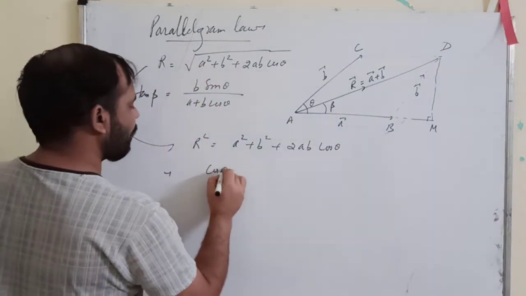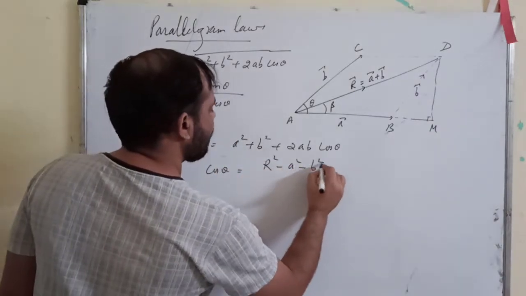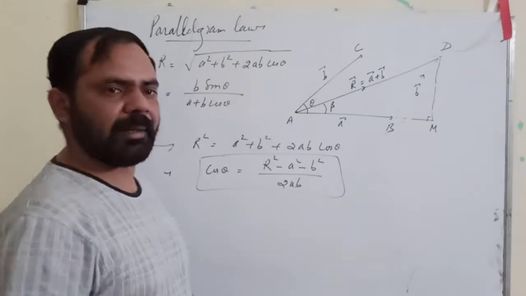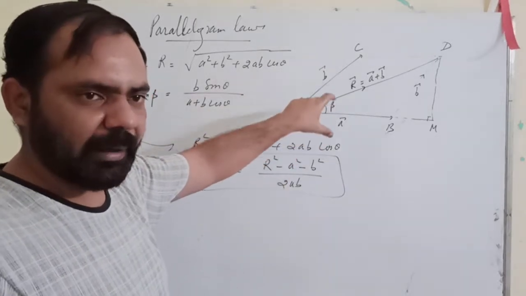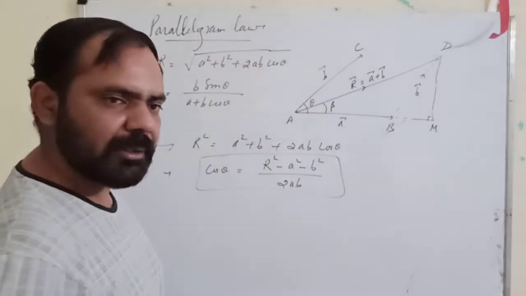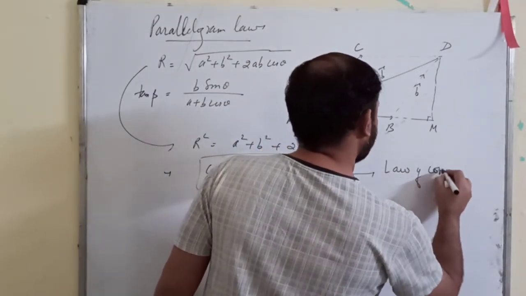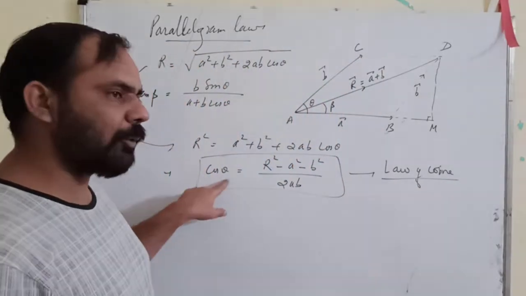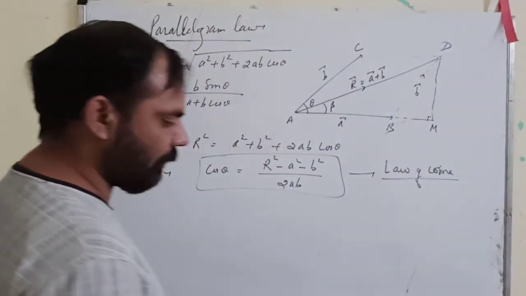So cos theta is, after subtracting, R square minus A square minus B square upon 2AB. You have a formula relating the angle. If you are given the vectors and the resultant, and they ask you to find the angle between the vectors, then you can use this formula. This is also called the law of cosine, because you are finding the cosine ratio of the angle theta.